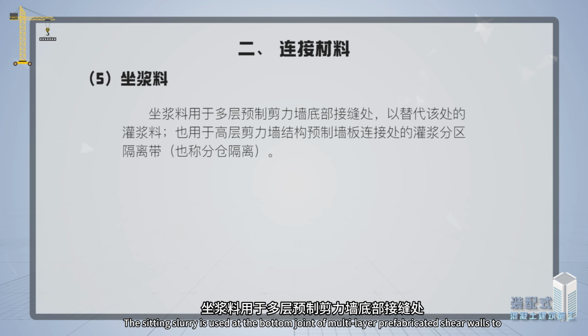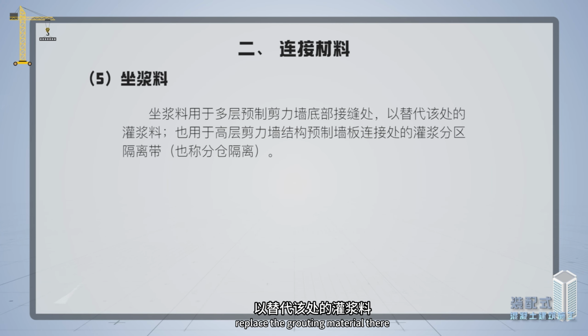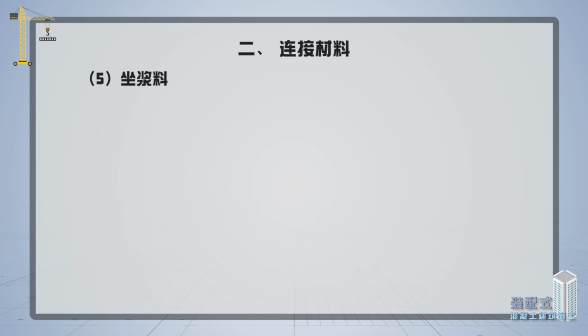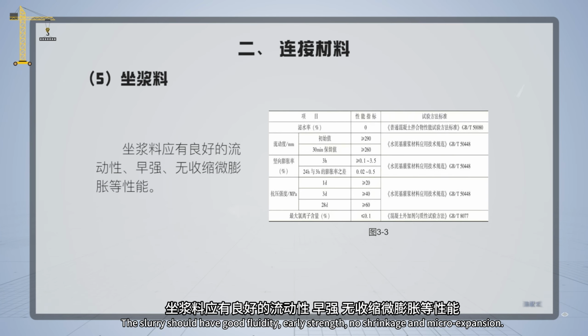The sitting slurry is used at the bottom joint of multilayer prefabricated shear walls to replace the grouting material there. It is also used for the grouting partition divider at a connection of prefabricated wall panels of high-rise shear wall structures. The slurry should have good fluidity, early strength, no shrinkage, and micro-expansion.